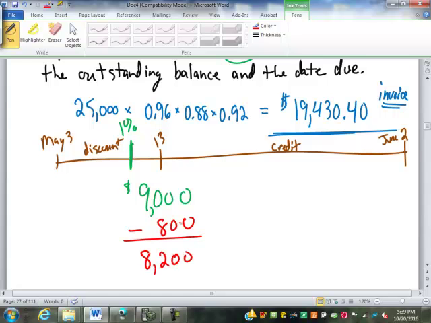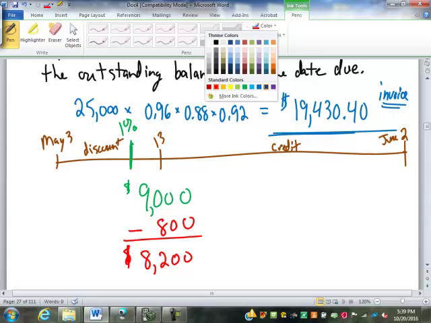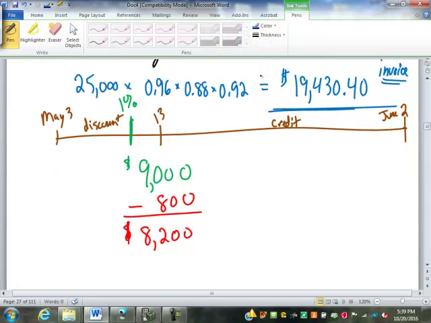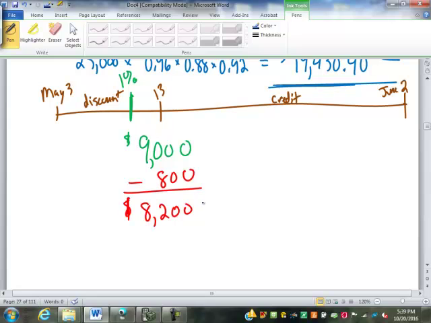So the freight is now paid off. $8,200 now gets applied to the invoice. That is going to be adjusted by the discount. And how do we adjust that for the discount? That gets divided by the complement, or 0.99, which is going to be $8,282.83, correct?